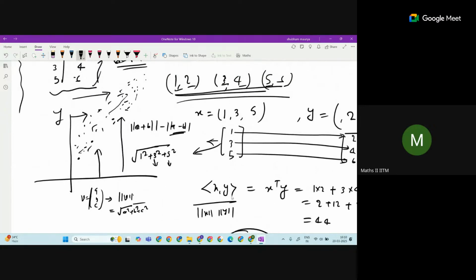Highly correlated, less correlated, we'll see ahead. It means related or correlated: if x is increasing, y is also increasing or maybe decreasing. It depends on the data.